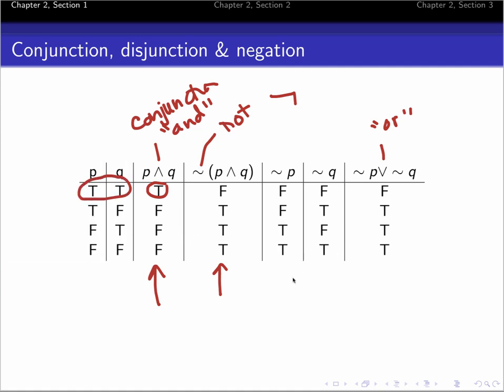And then I was trying to show that these two columns are logically equivalent. And what I mean by that is they have the same truth table. So they're logically equivalent.